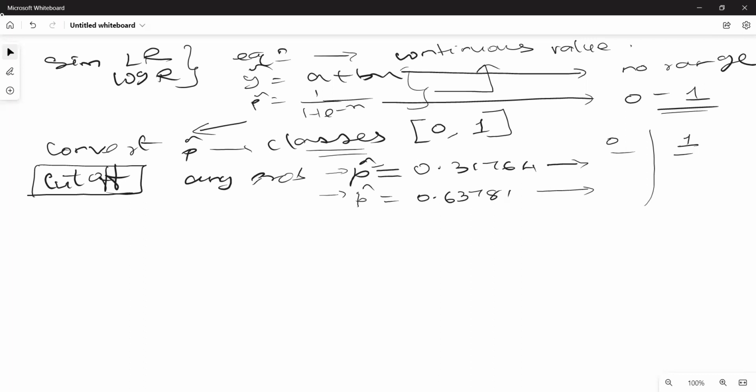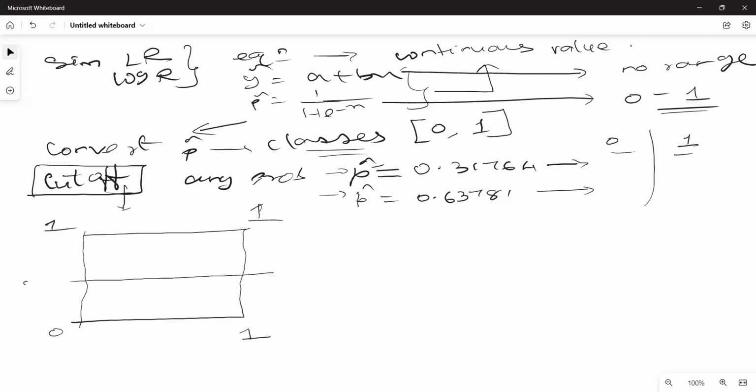So I can define something called a cutoff. If you remember, in the first or second slide, I showed you this range of 0 to 1. Assuming this is the cutoff of 0.5, 0.31 will lie somewhere here, and 0.63 will lie somewhere here.